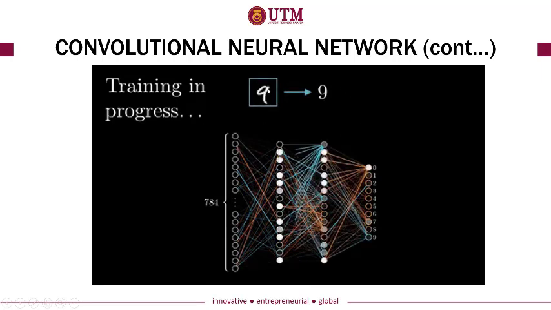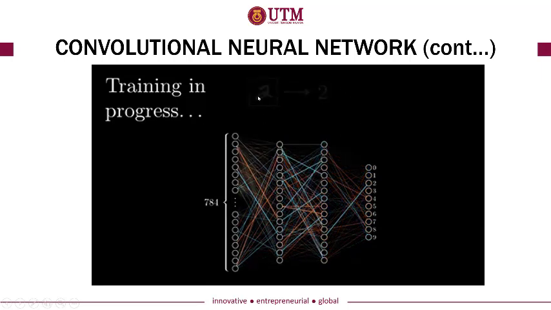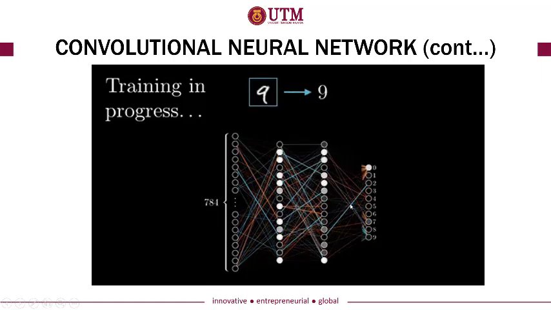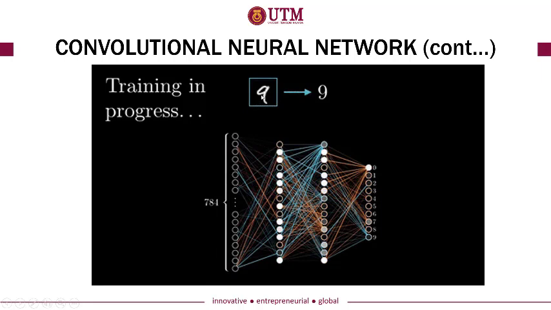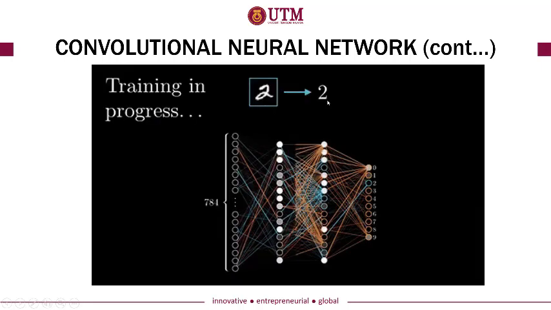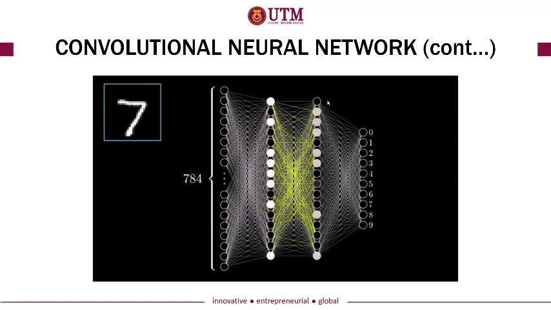You have an image of handwritten numbers, then the ANN or DNN here tries to estimate what number is written in this image. The input here is this one, the output is this one. After some training, you use it for testing. This is the mechanism of testing.